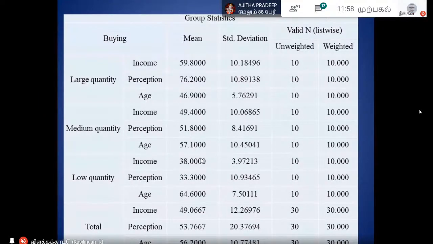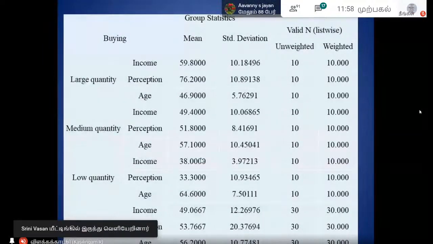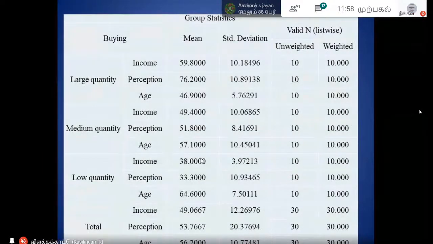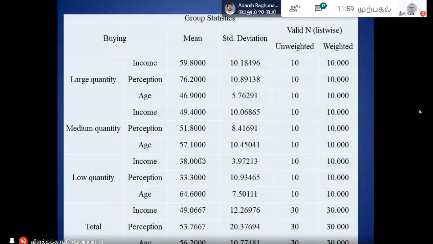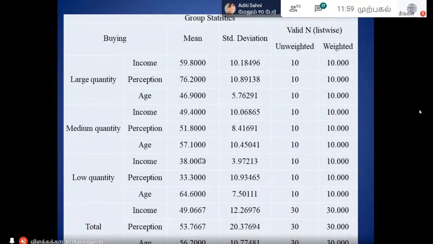Based upon that, discriminant analysis is functioning. Now for example, I will tell you a case. Let me take one group. Here income, 59 is the average. One person might be having 20.